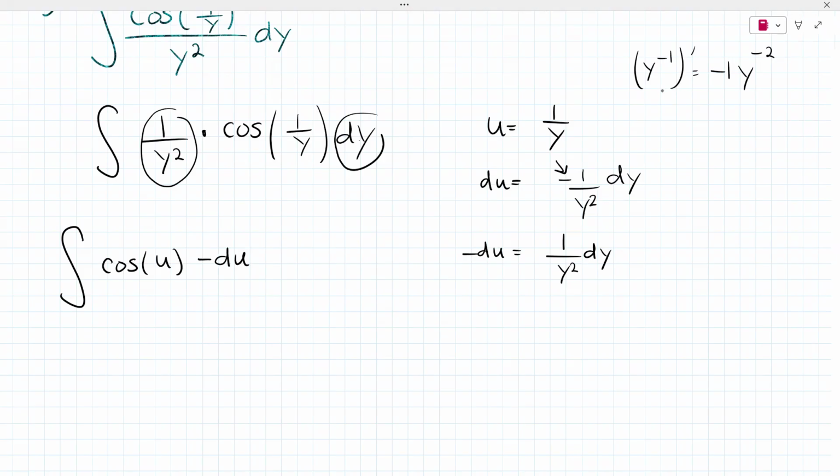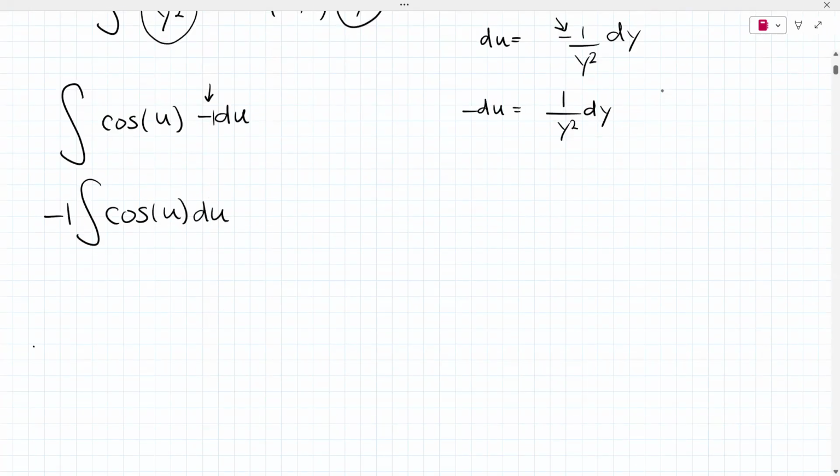Okay. And then what you're going to do next is you see this minus right here? That's like an invisible negative 1, so we could take that out, put it in front. And then what's the integration of cosine of u? Negative sine of u plus c.